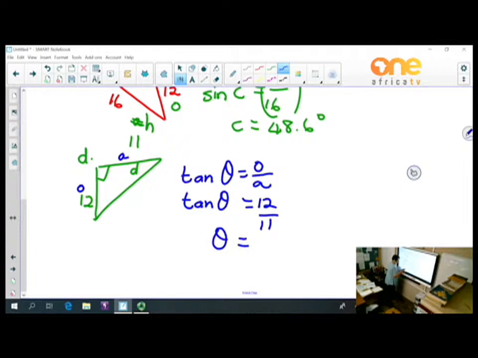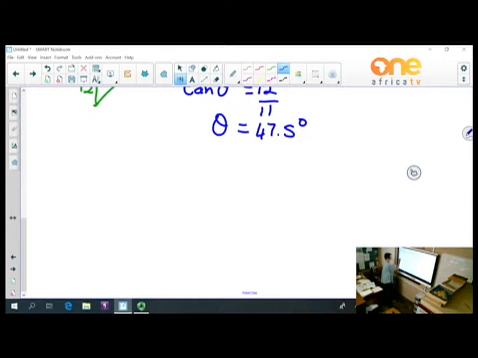Second function tan to find the angle. So we press second function tan, brackets, 12 divided by 11, close the bracket, is equal to, and I got 47.5 degrees.